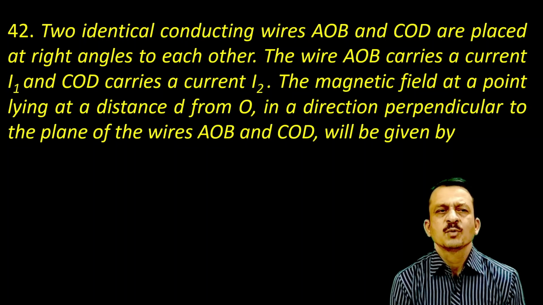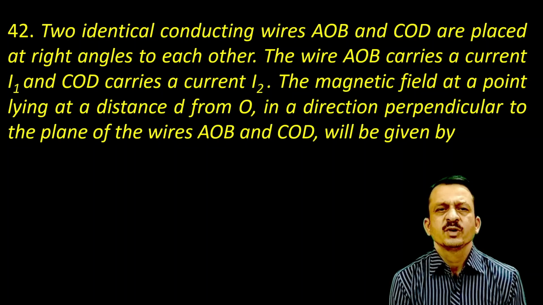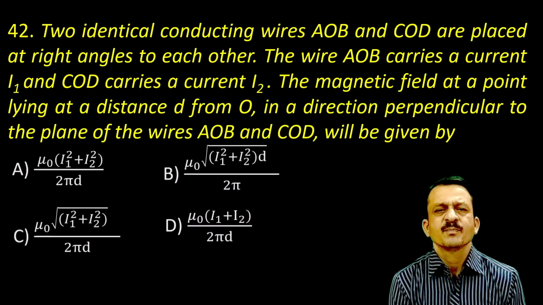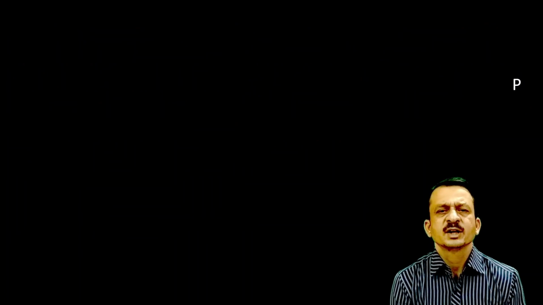The magnetic field at a point lying at a distance d from the intersection of the two conductors O, in a direction perpendicular to the plane of the wires AOB and COD, will be given by options: A, u0 into I1 square plus I2 square divided by 2 pi d; B, u0 into root of I1 square plus I2 square, d divided by 2 pi; C, u0 into square root of I1 square plus I2 square divided by 2 pi d; and D, u0 into I1 plus I2 divided by 2 pi d. Now look at the diagram.